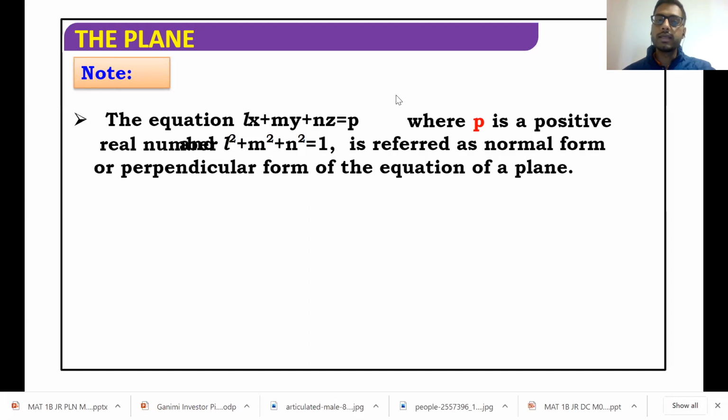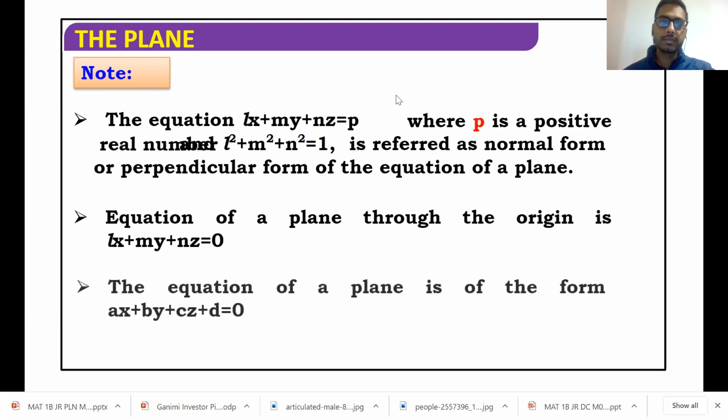Also, we know that L, M, and N are direction cosines. Therefore, the sum of their squares is 1. L square plus M square plus N square is 1, or cos square alpha plus cos square beta plus cos square gamma is equal to 1. If it is passing through origin, then Lx plus My plus Nz should be equal to 0.